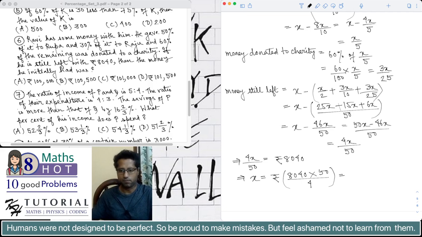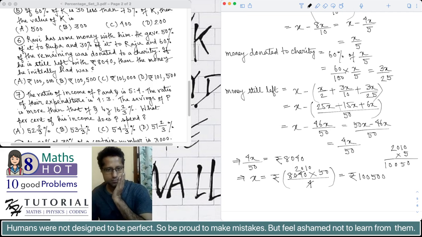If you simplify, 4 divides 8040 into 2010, and it becomes 2010 multiplied by 50. So this is 100500.